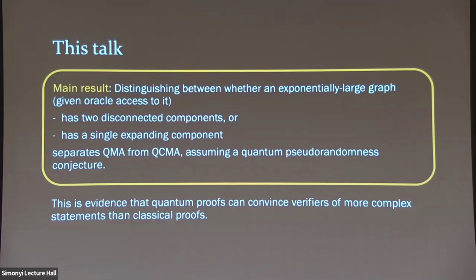This separates these classes QMA from QCMA, assuming a quantum pseudorandomness conjecture. And the upshot is that, assuming this conjecture, this gives evidence that quantum proofs can convince verifiers of statements that are much more complicated than what is possible with classical proofs.